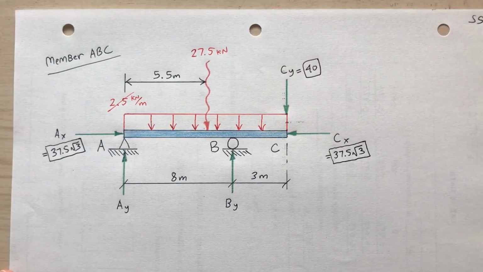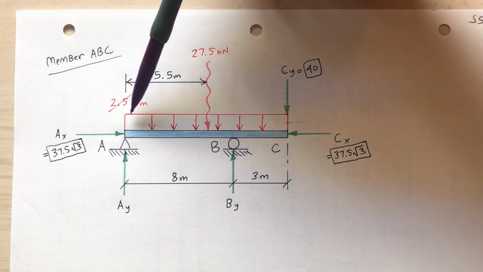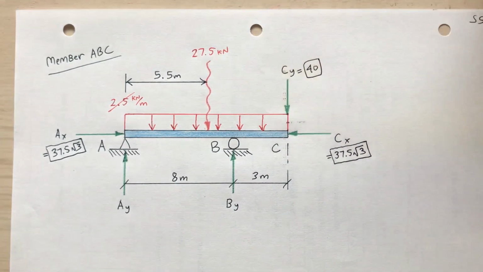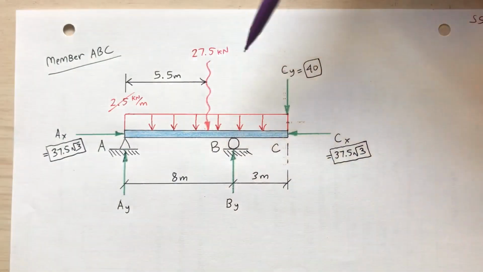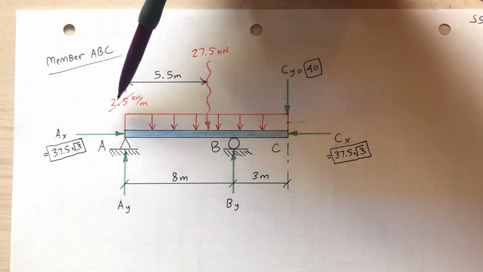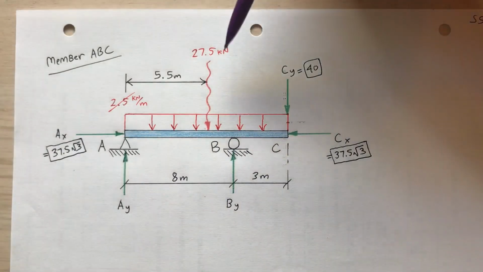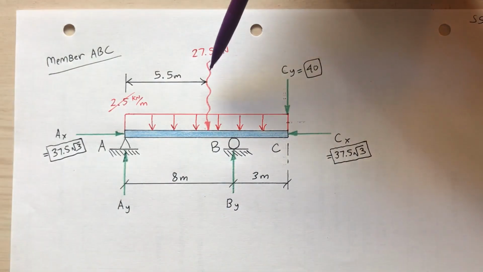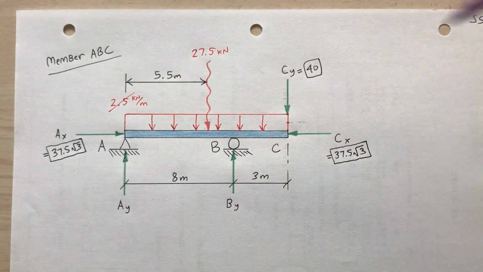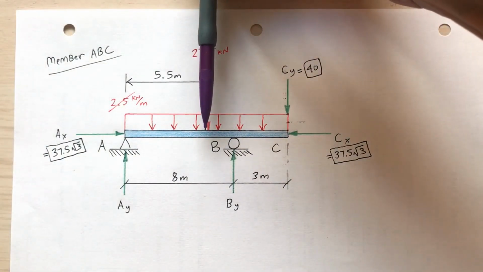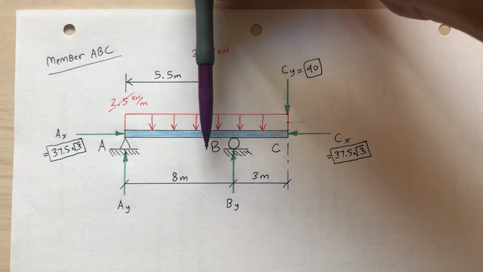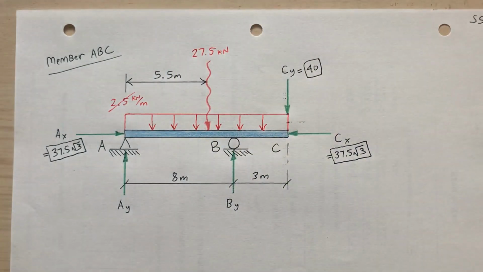So I multiplied 2.5 kilonewton per meter times 11 meters, and I get 27.5 kilonewtons. The squiggly arrow means it's the resultant, and then I crossed off the 2.5 because I don't want to double dip. I want to be reminded that the squiggly arrow takes the place of the 2.5 kilonewton per meter.